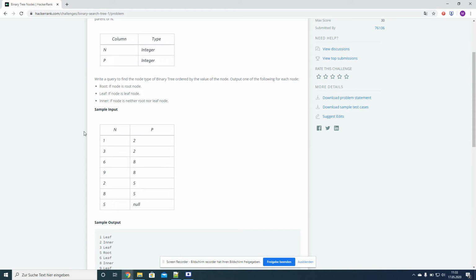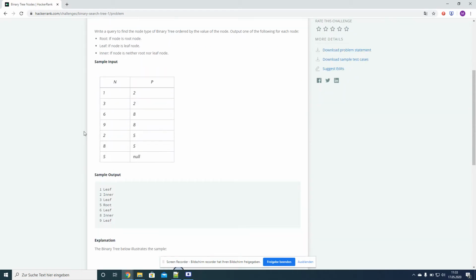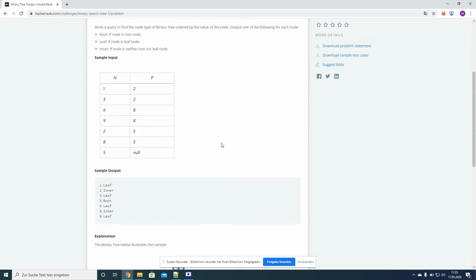Write a query to find the node type of binary tree ordered by the value of the node. Output one of the following for each node: root, if node is root node; leaf, if node is leaf node; inner, if node is neither root nor leaf node. Sample input.